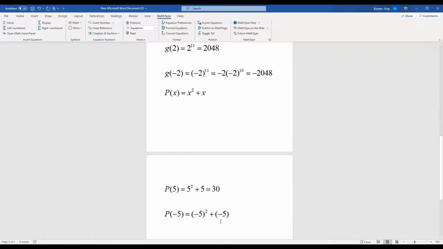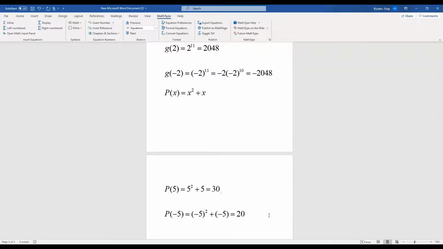Well, if you do the calculation, you see you don't get either of those things. If you square negative 5, you get 25. And then if you add negative 5 to that, you of course get 20. So there's no obvious connection between the output in this case and the output when we plugged in 5.